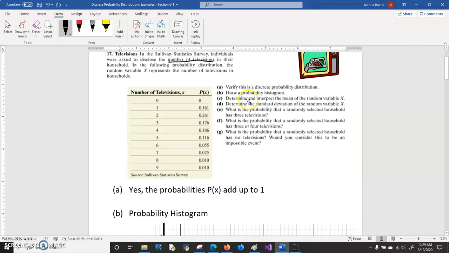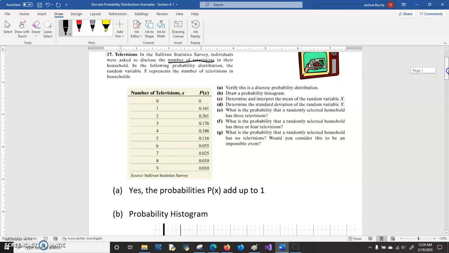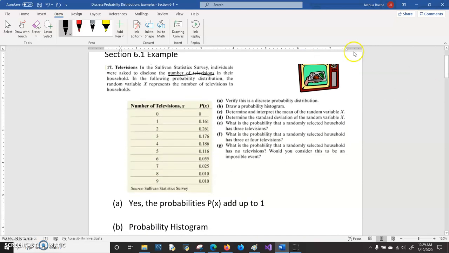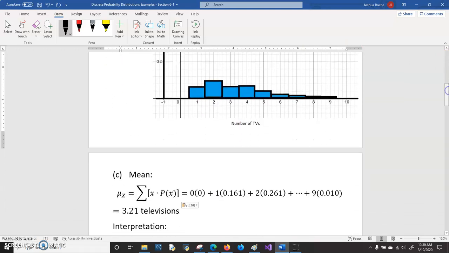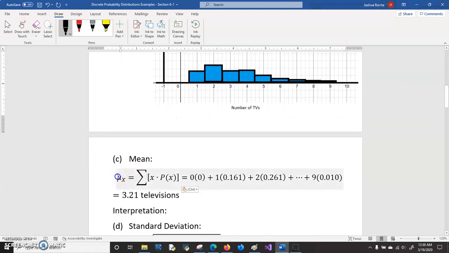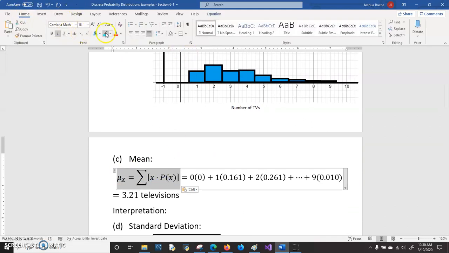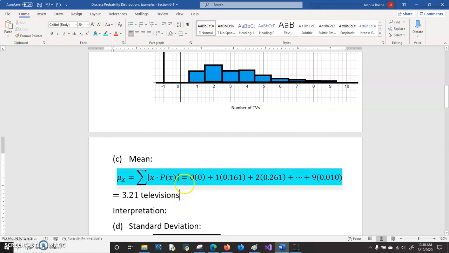Part C in this question says determine and interpret the mean of the random variable. To find the mean of a distribution of probabilities, there's a particular formula, and this is the formula. I guess this right here in particular.